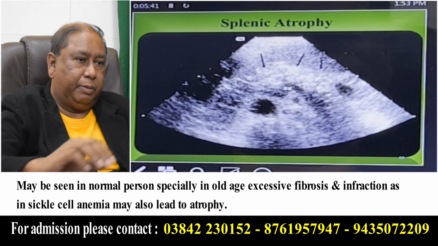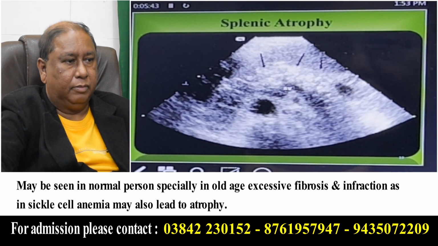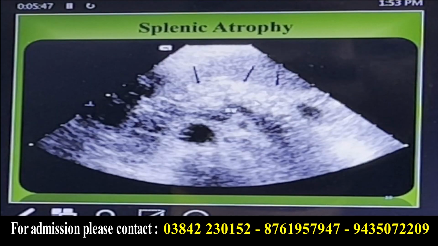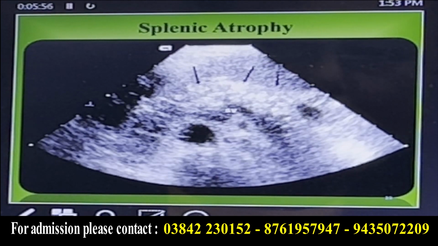What do you see in this picture? This type of picture may be seen in a normal person also, especially in the old man. It is due to excessive fibrosis and infarction, as in sickle cell anemia, which may also lead to atrophy of the spleen.